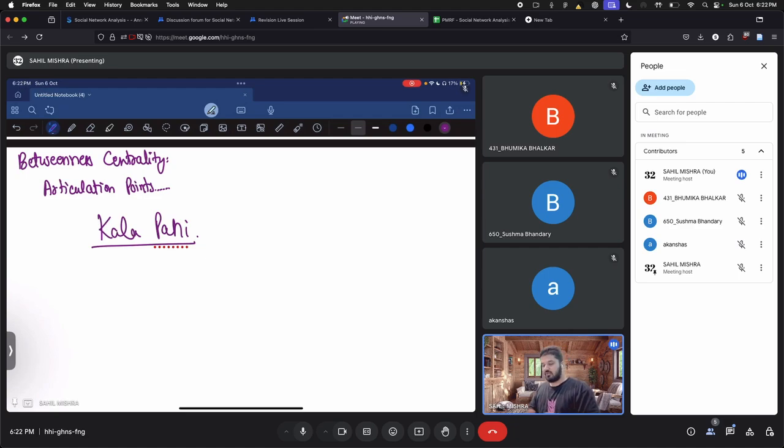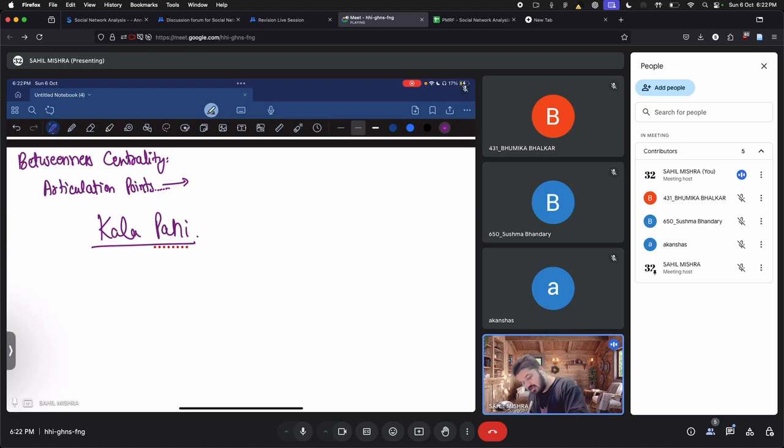So somehow 1 or 2 patients break out from that to the mainland, the main Indian subcontinent, and then season 2 might be coming up, and that will tell how the disease will spread. So those 2-3 people who broke out, they are articulation points in a network.